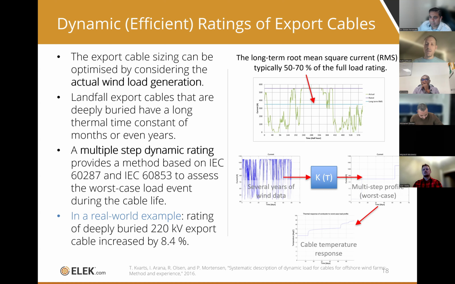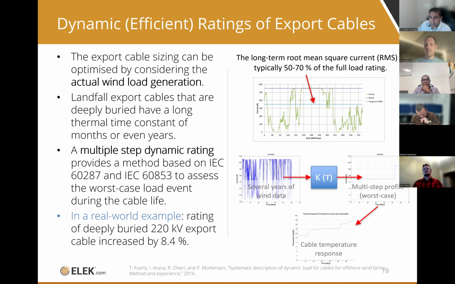Typically, these export cables for wind farms operate at 50 to 70% of their full rating or full capacity. So it's a better idea to perform a dynamic rating calculation so that we can increase the capacity of these cables.